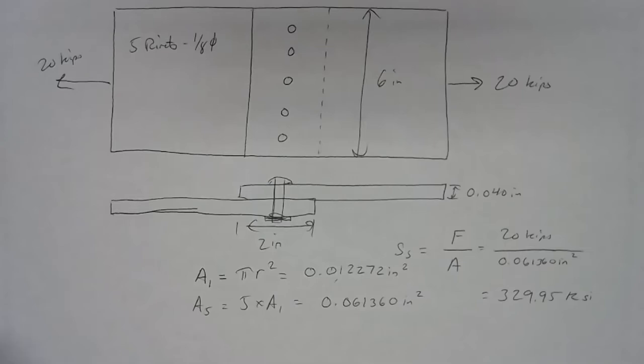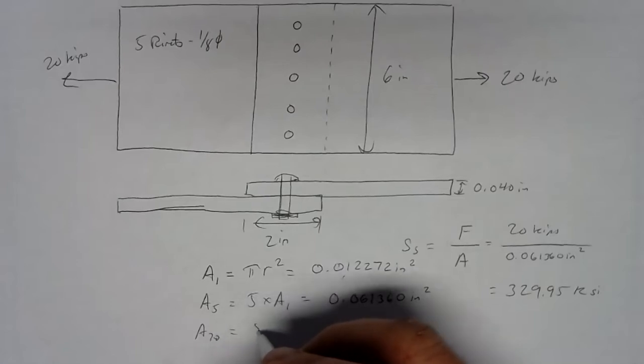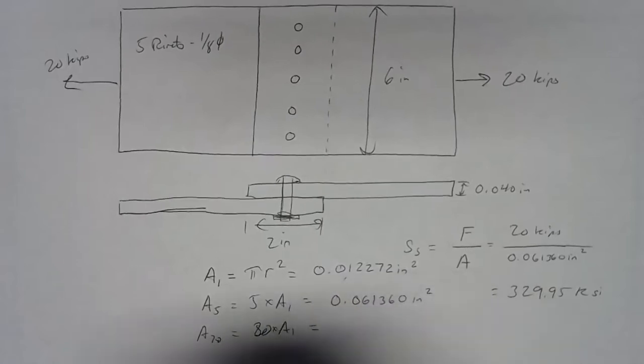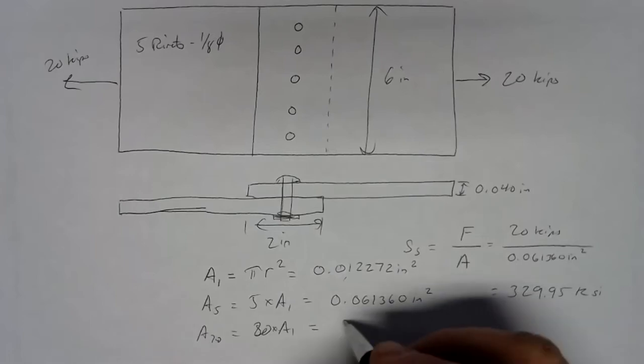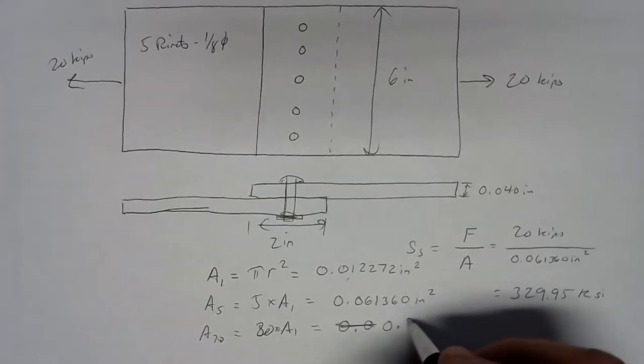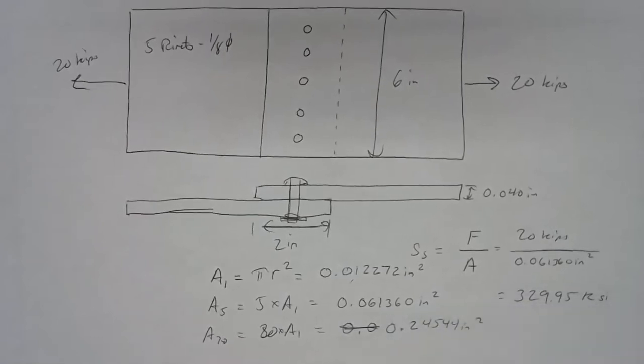So we could find out, well, what's the area of 20 rivets? That would be 20 times the area of one. So let's say I'm stuck using 1/8 inch rivets and I've got 20 of them. 20 times 0.012272 is 0.24544 square inches.